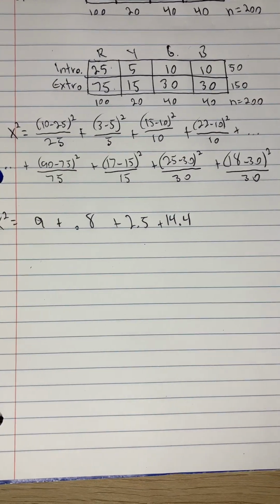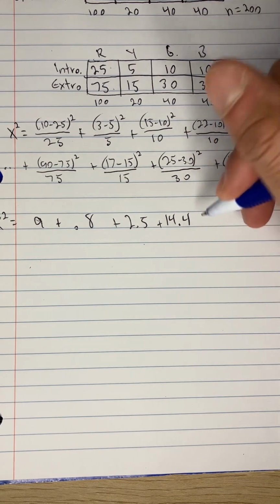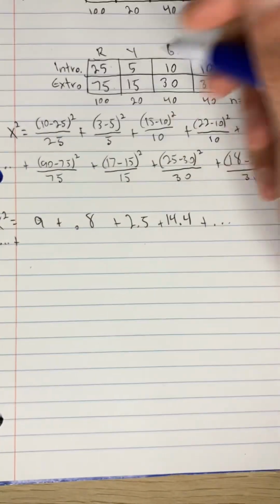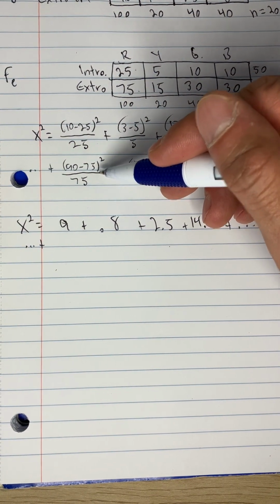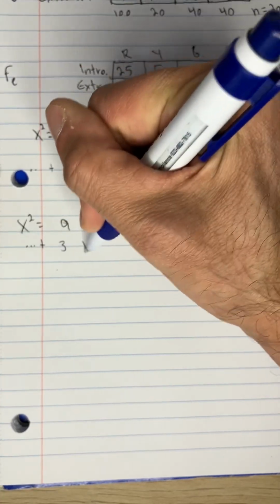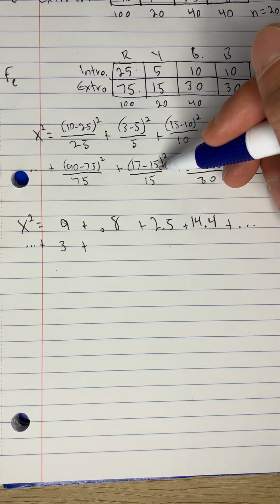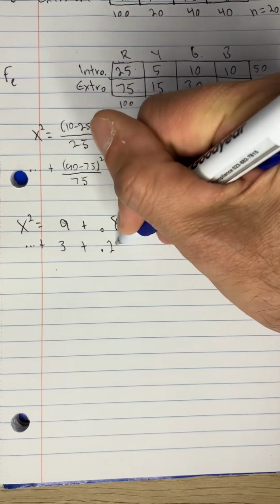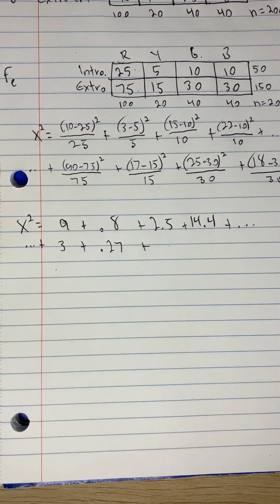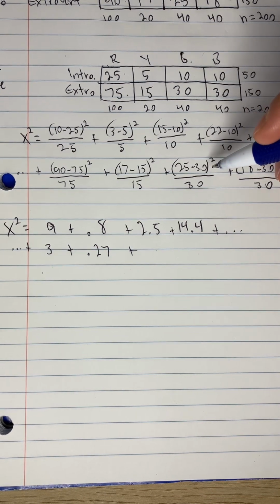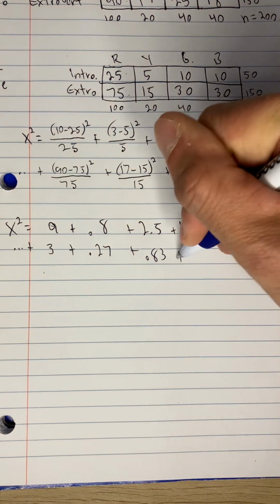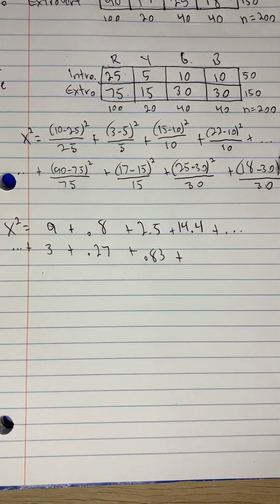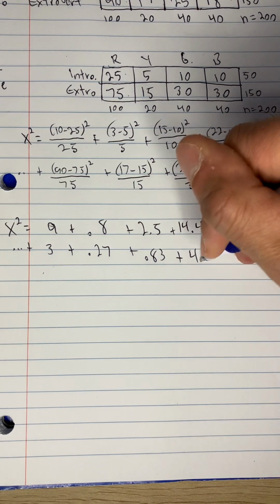And then the next 4 down here: this term is 3, this term is 0.27, this term is 0.83, and the last term is 4.8.